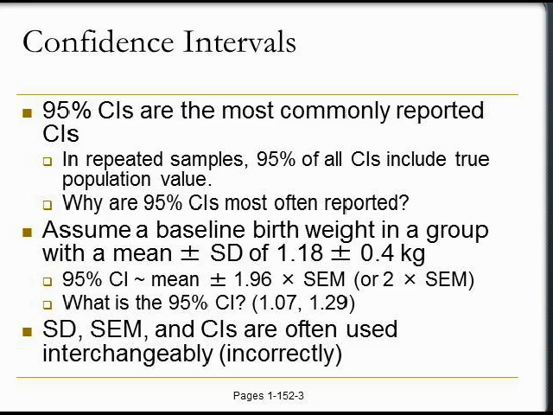So if you do 100 studies, 95% of the time, those confidence intervals will include the true population value. 95% confidence intervals are most often reported because they correspond to a type 1 error rate, a p-value of less than 0.05, or 5%, which is the type 1 error rate most commonly used in the literature.